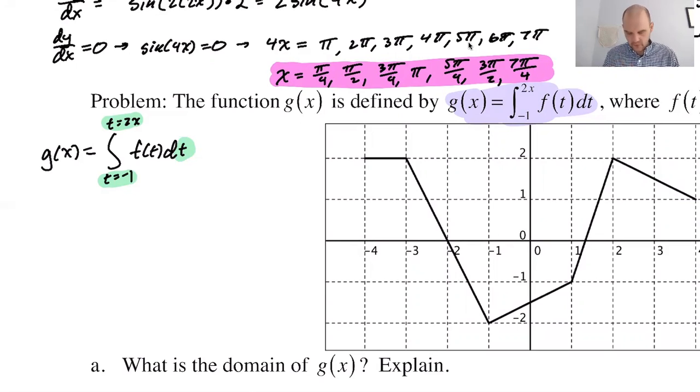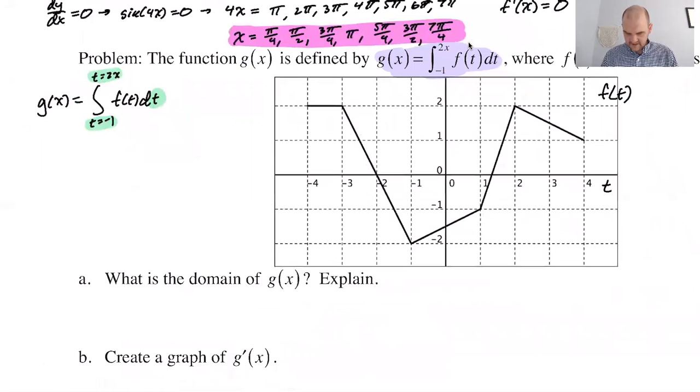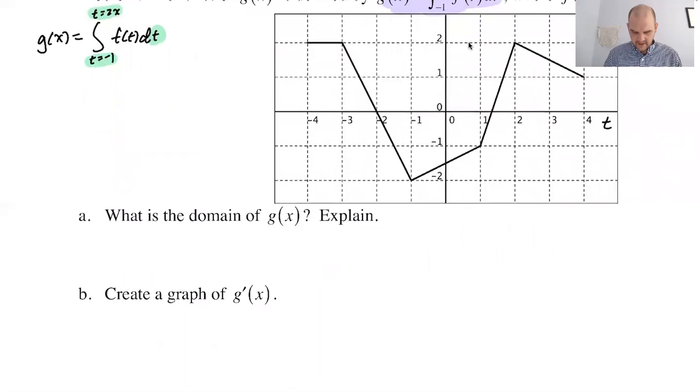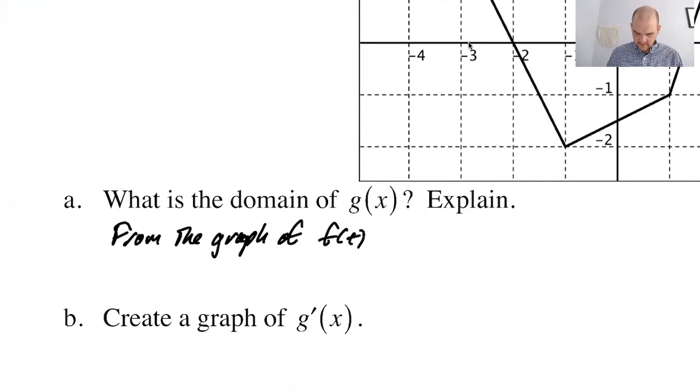Now, why is this important? Well, look at our graph of f of t. For our graph of f of t, we know that t can be anywhere between -4 and 4. So my explanation, let's start building it. Actually it's just given in the original, so I don't even need to say from the graph.